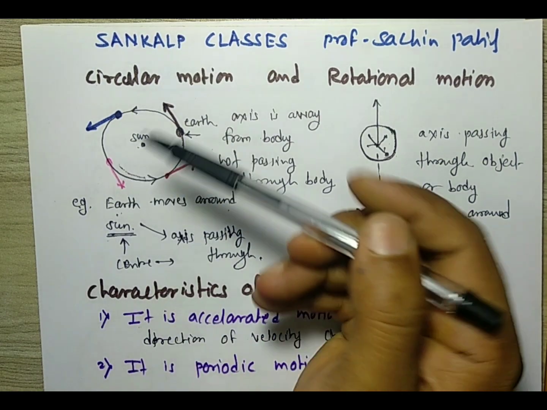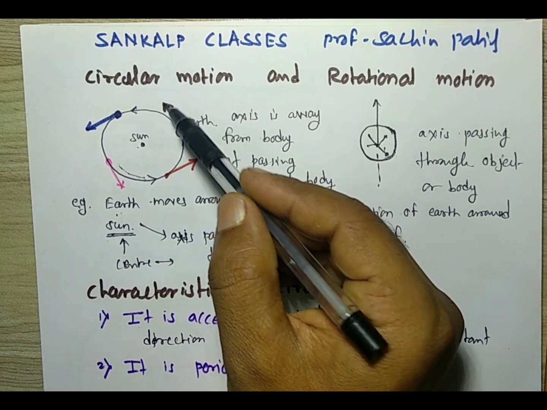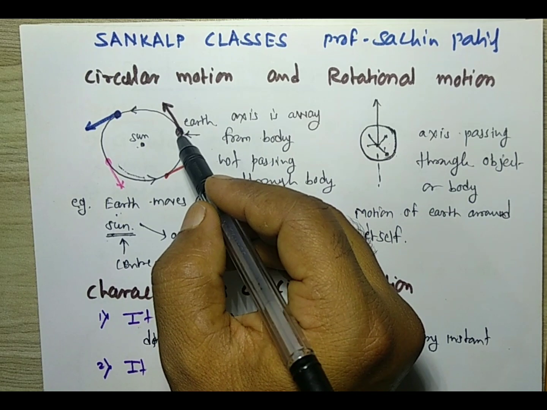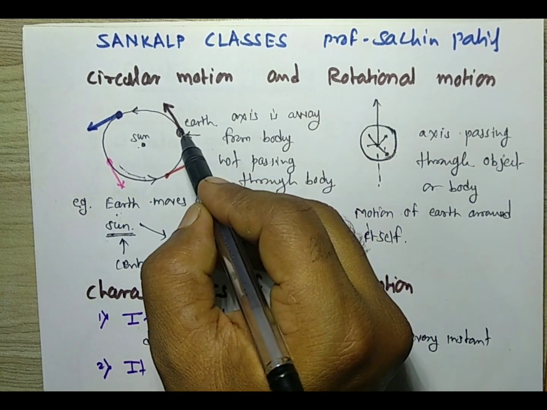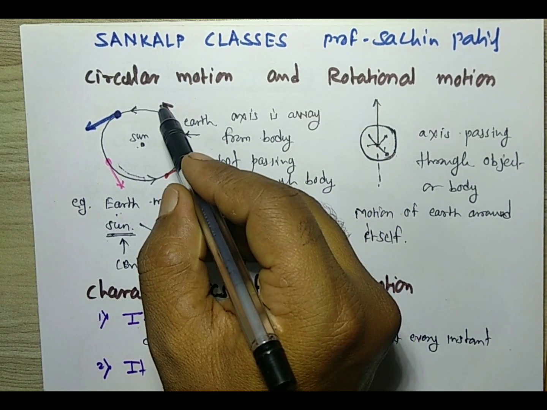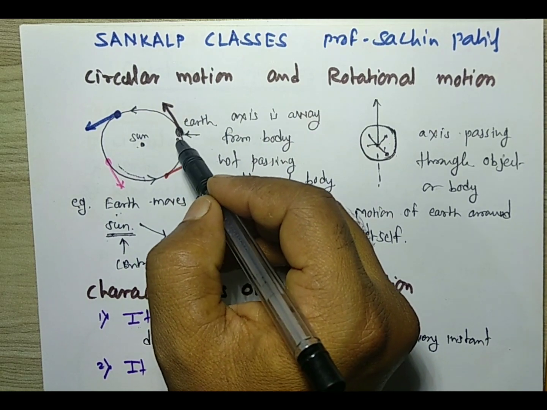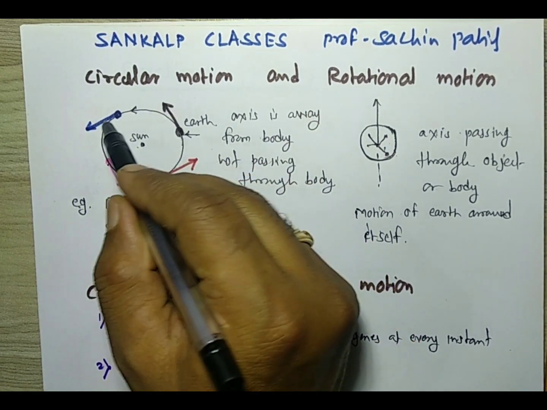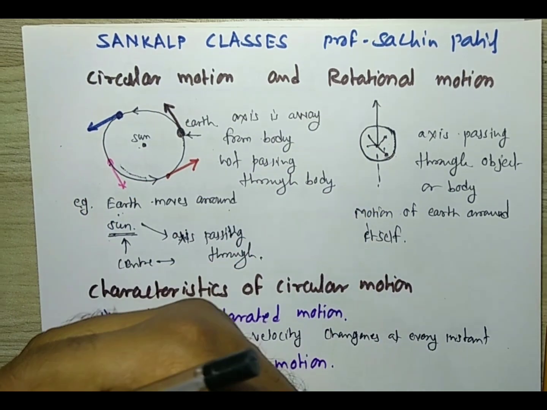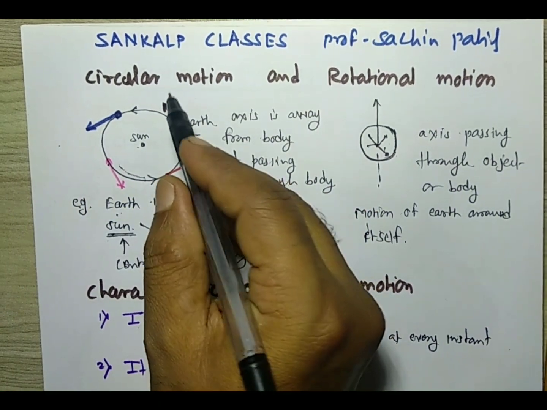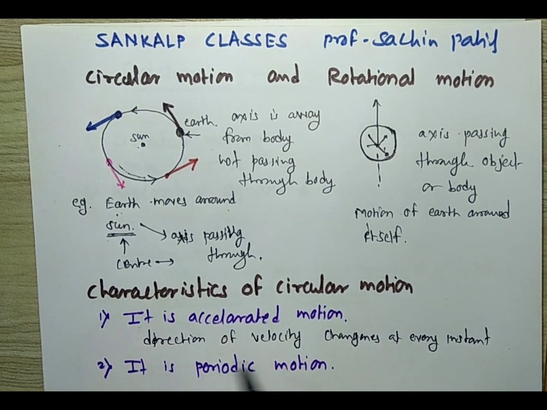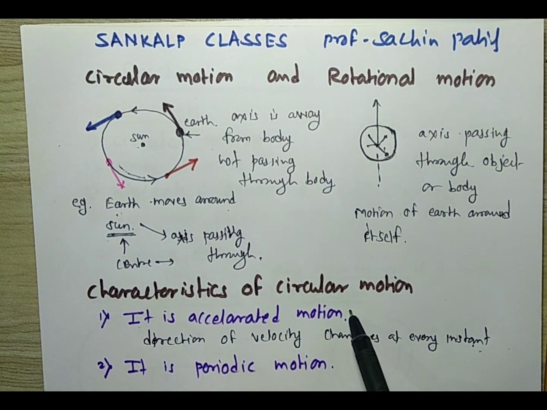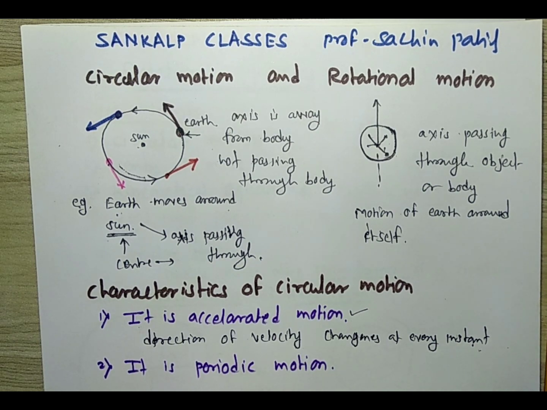At that time the velocity is along the tangent of the circle drawn at the position of the particle, and therefore at every point the direction of velocity changes. This change shows that the direction of velocity changes at every instant, and at that time this motion is called accelerated motion.